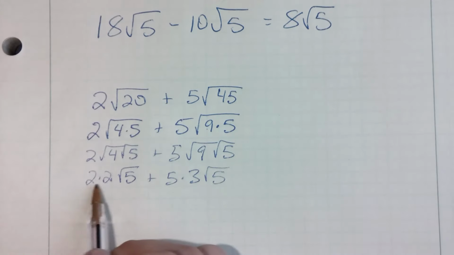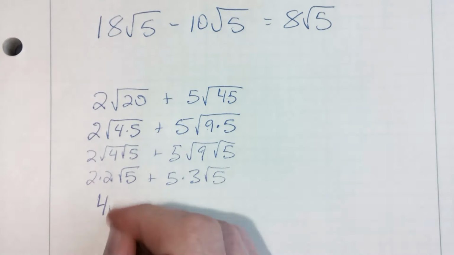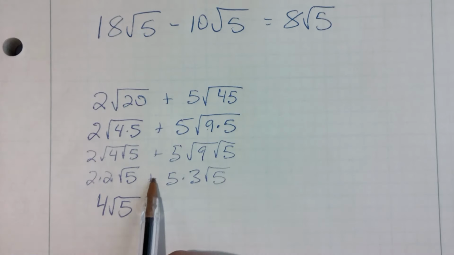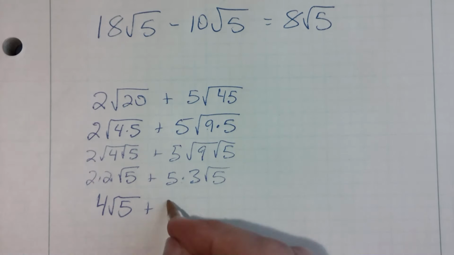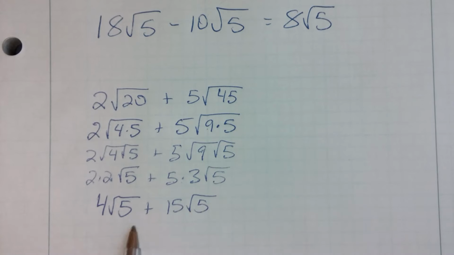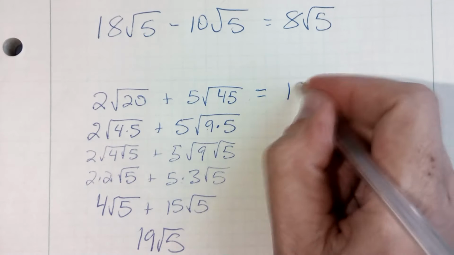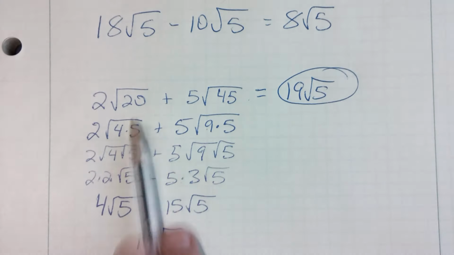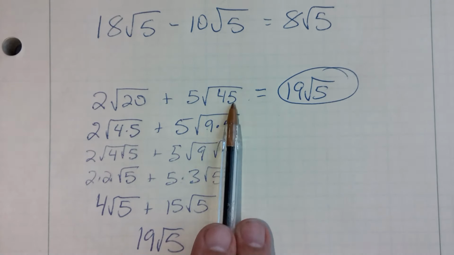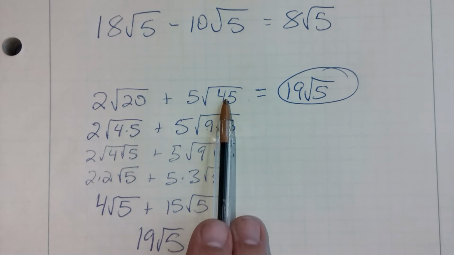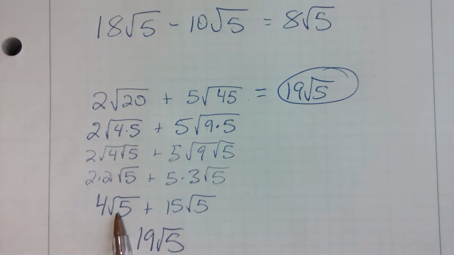And then 2 times 2 is 4, following order of operations, multiplication before addition, plus 5 times 3 is 15 square roots of 5. Now they do have the same square roots. I have 4 square roots of 5 plus 15 more square roots of 5 for a total of 19 square roots of 5. So this expression reduces to 19 square roots of 5. And that's because I could reduce both of those square roots individually and ended up with just a square root of 5 in both terms, with a constant out front that I added together because it was addition.